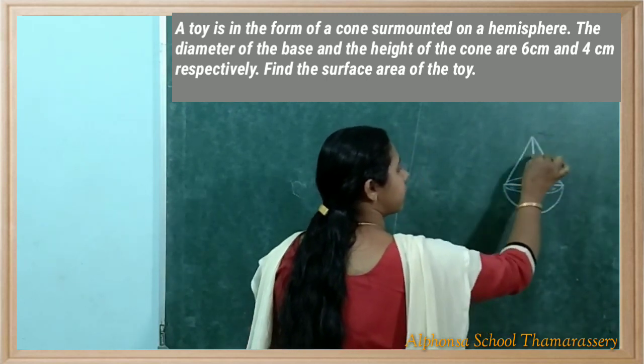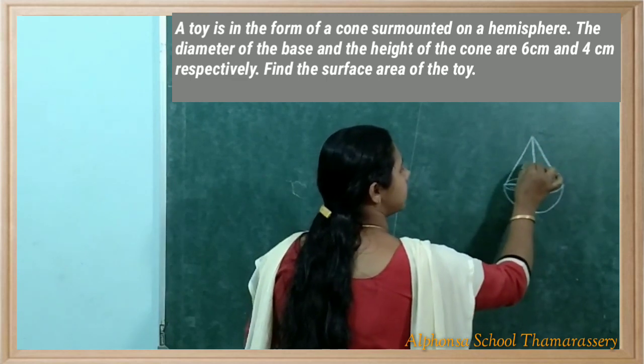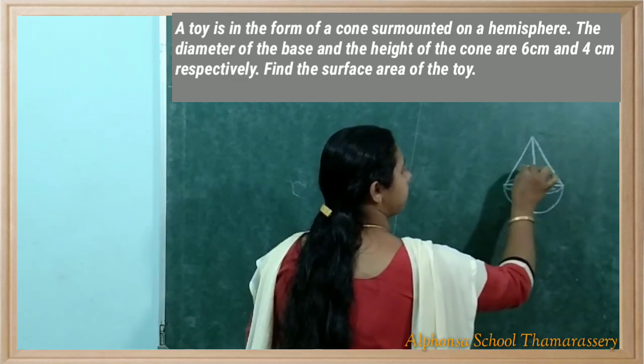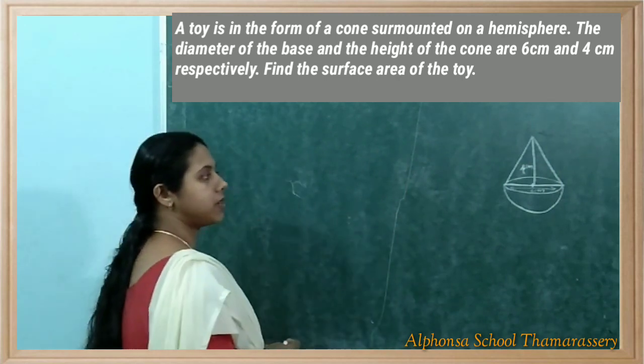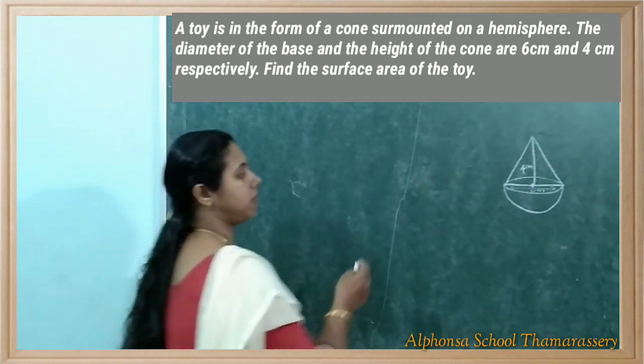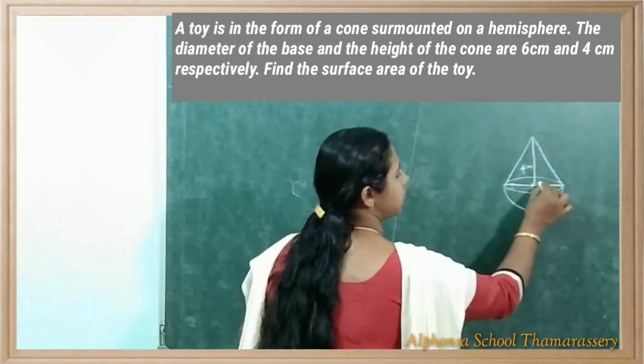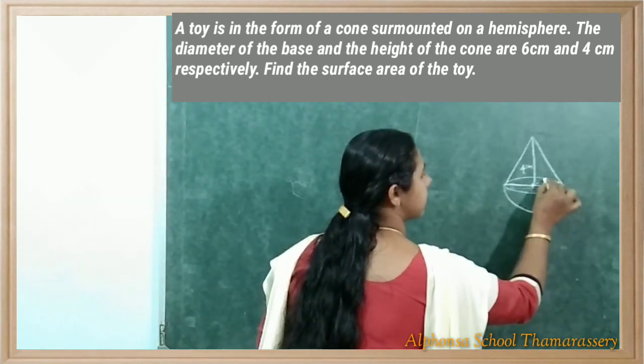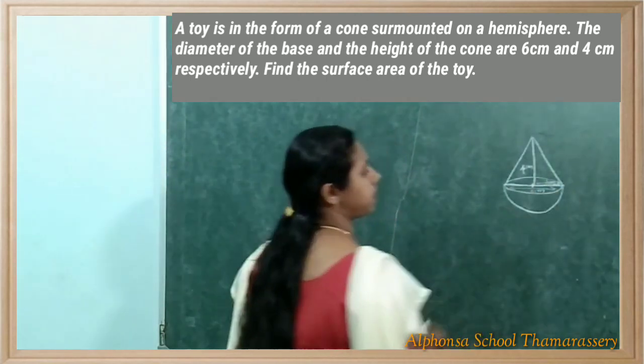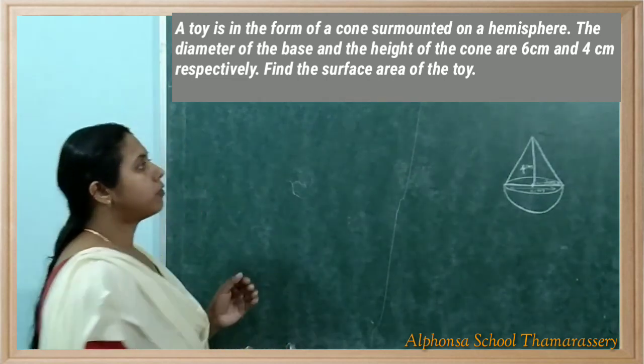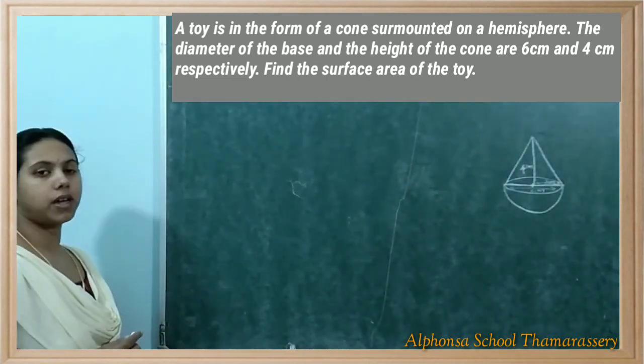And the height of the cone is given 4 cm respectively. Diameter is 6 cm, height is equal to 4 cm. So the radius will be equal to half of the diameter, that is 3 cm. We want to find the surface area of the toy.